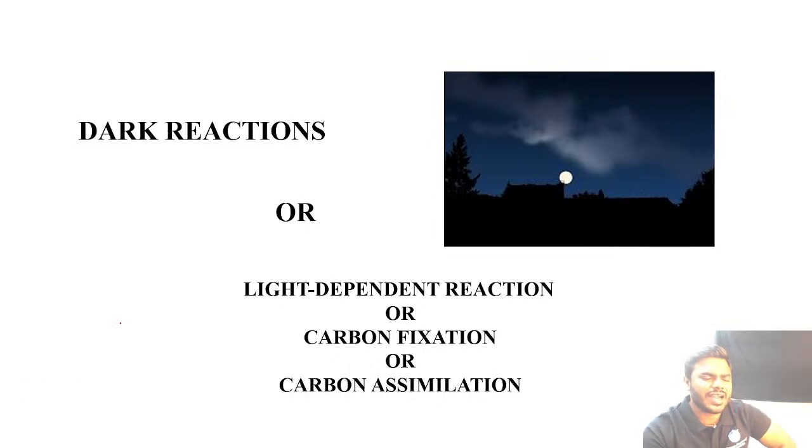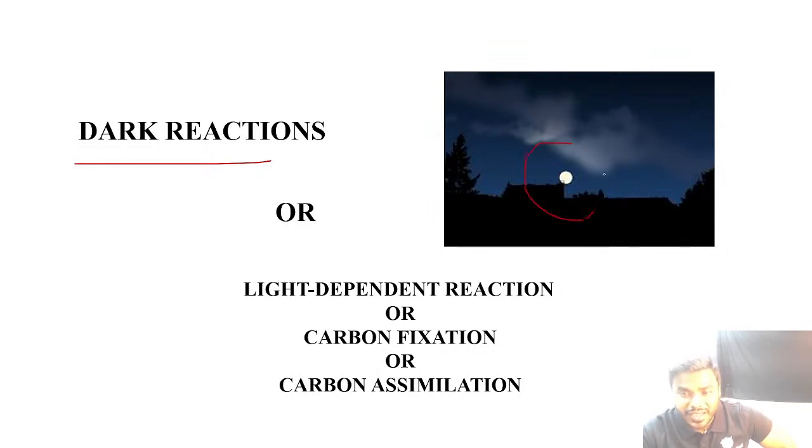If I am a plant and want to fix carbon into glucose, I do not require light, only energy. That's why we call it the dark reaction. Dark reactions don't mean they occur in the dark, but that they do not require light. We call them light independent reactions.